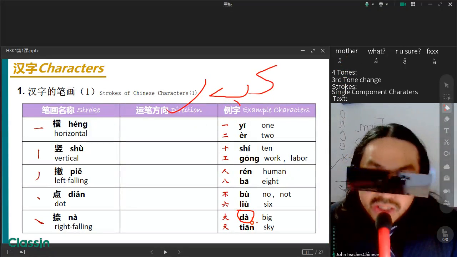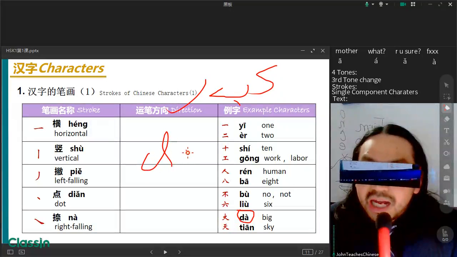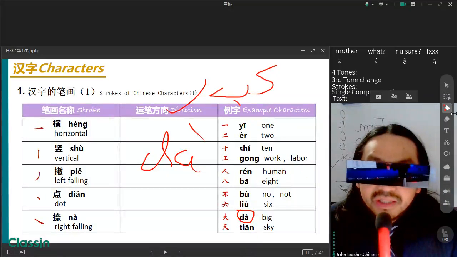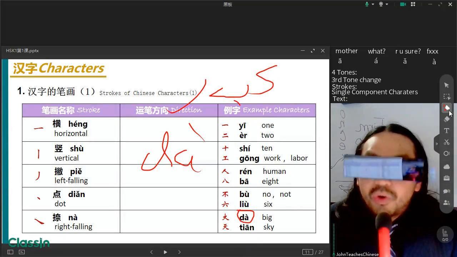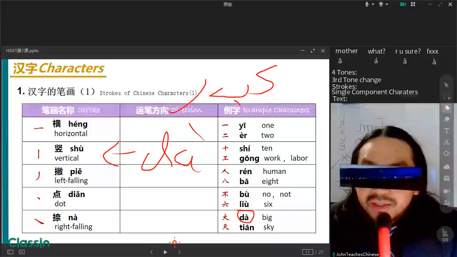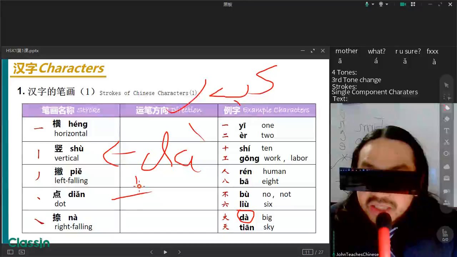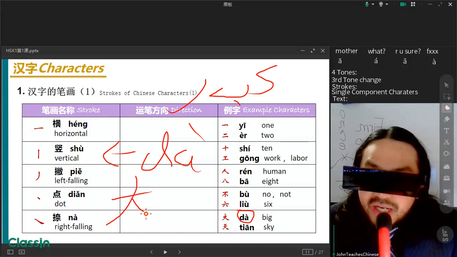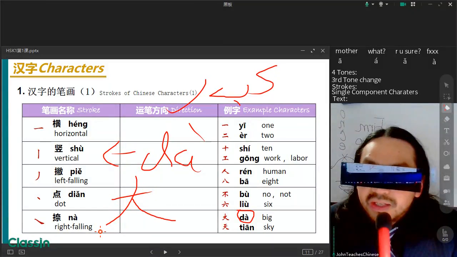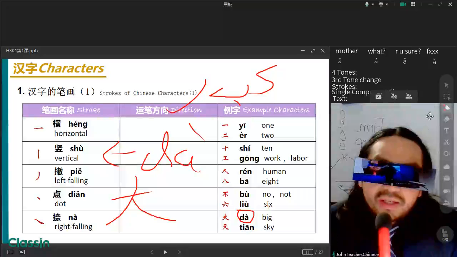But in Chinese you can write dà in pinyin, but we do not use pinyin in normal days for our own Chinese people. So you have to change it into the Chinese character, which is written in this way: horizontal, left falling, right falling.